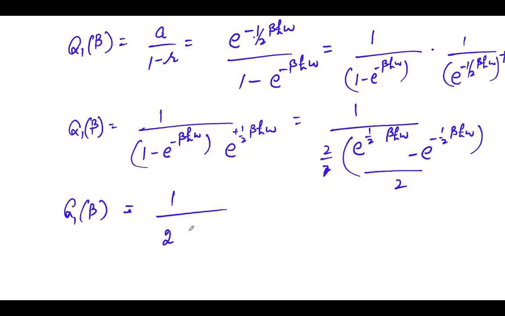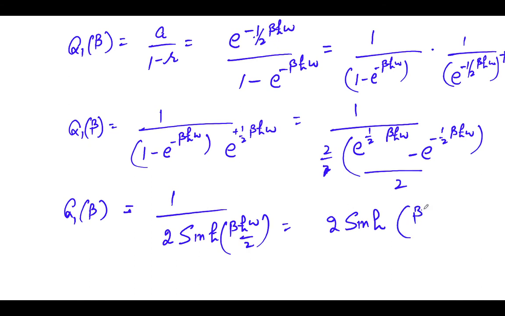So I can write this equation as 2 times sine hyperbolic beta h bar omega by 2, or I can also write it as 2 sine hyperbolic beta h bar omega over 2 whole inverse. So this is the partition function for one oscillator problem, and similarly from that we can write the partition function for this n harmonic oscillator.